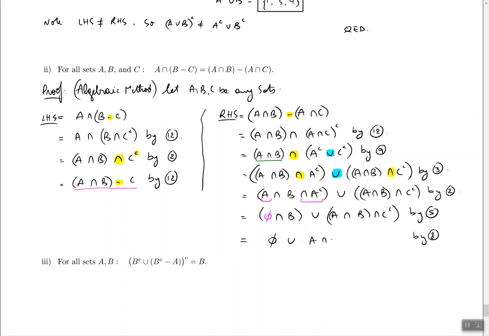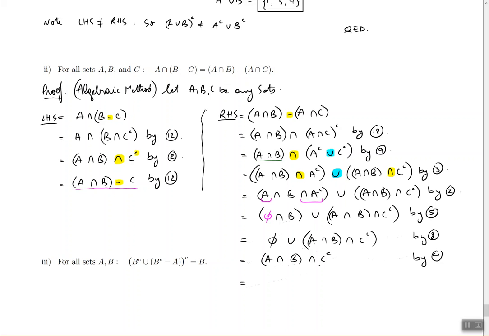Union, the A intersect B, still intersected with C complement. But the empty set union anything is the thing itself. So A intersect B, intersect C complement. This is true because of rule number, let me think, rule number 4, the identity law.